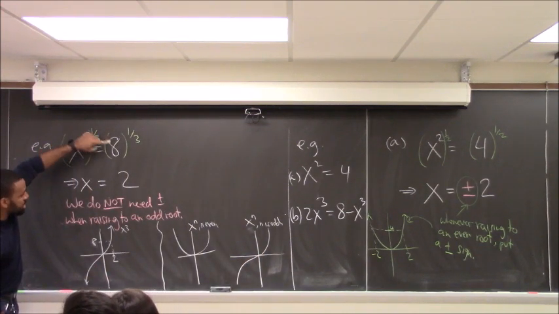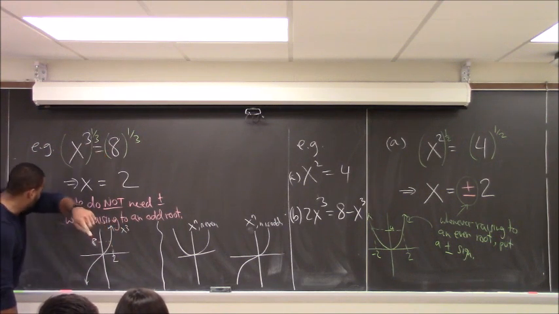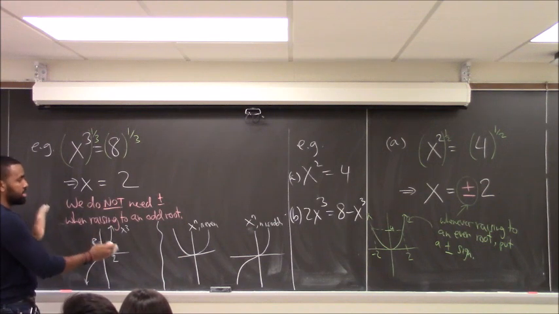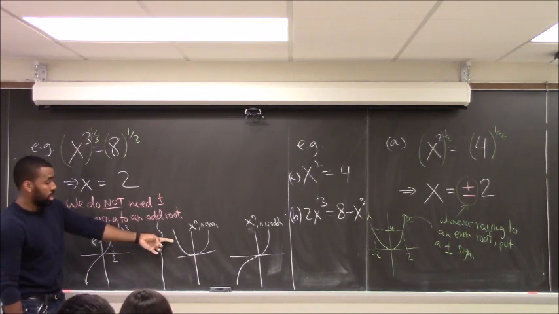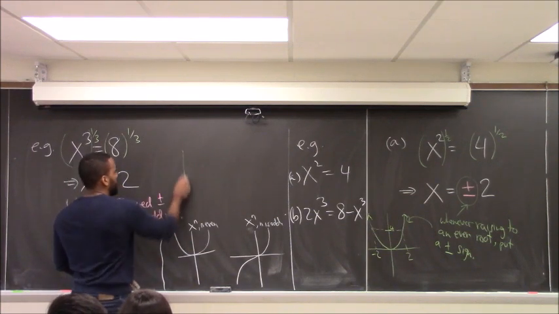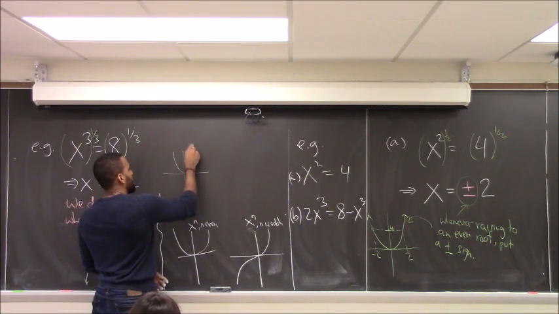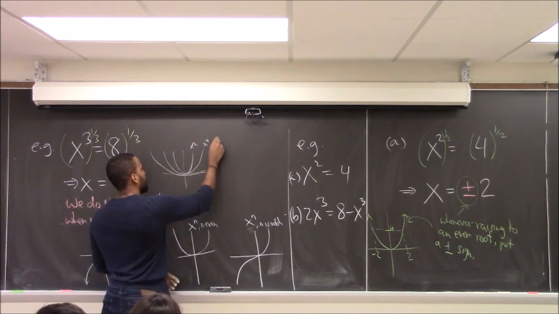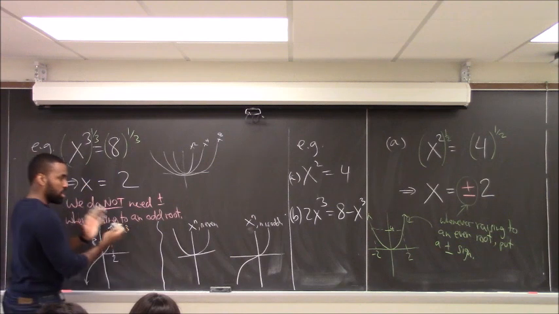If you have other terms being added, the graphs will change. But other than that, a plain old x squared, x to the 4th, x to the 6th, x to the 8th, they all shape like this. The difference is the curve gets wider. So x squared is like this guy, x to the 4th is like that guy, and x to the 8th is like that guy. They just get wider, but they all shape like a basin.